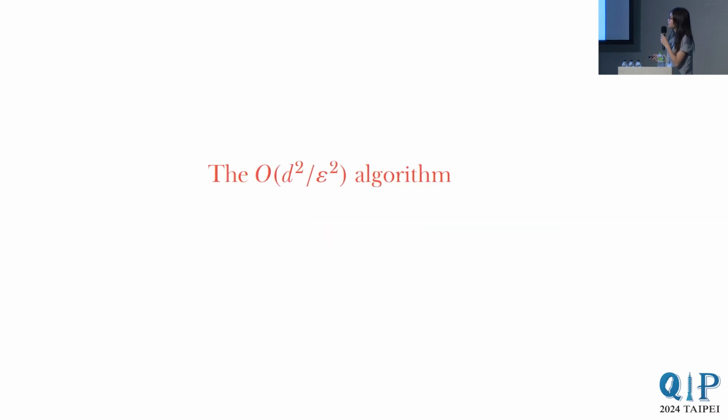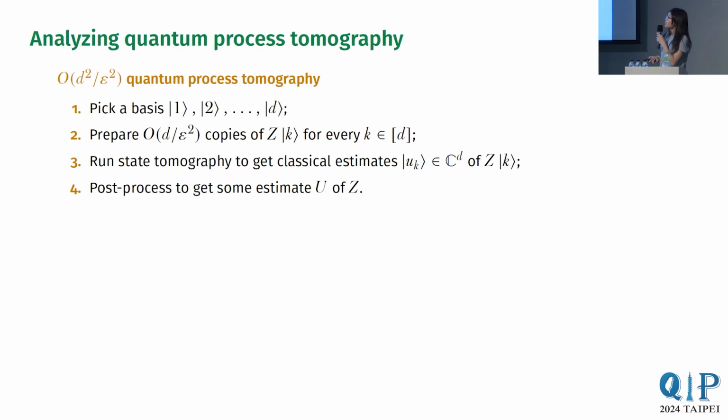Okay. So first of all, the d squared over epsilon squared algorithm. This is generally going to follow how quantum process tomography works. How do I learn this unitary matrix? What I'm going to do is learn it column by column. So I'm picking a basis, say the computational basis 1 through d.